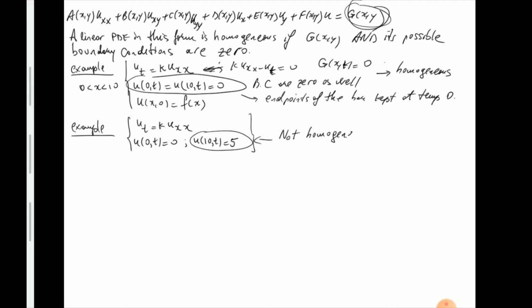We will need a separate method to deal with it, because we will solve the homogeneous one first, just like in the ODE case. But we will need a different method to deal with that non-homogeneous condition. So failing to be homogeneous can appear because of the PDE itself or the boundary conditions.